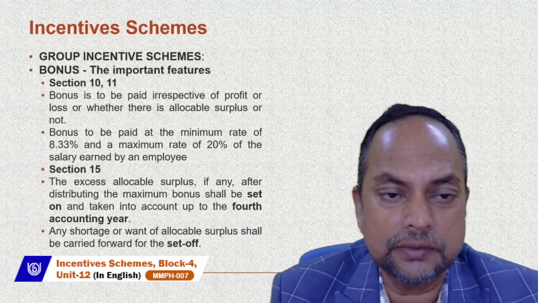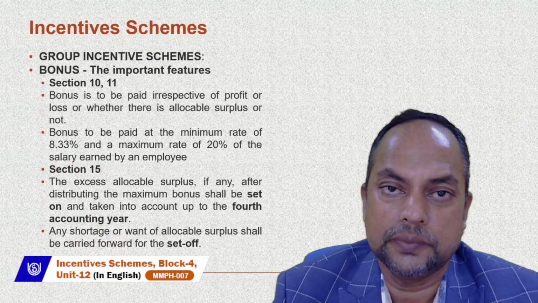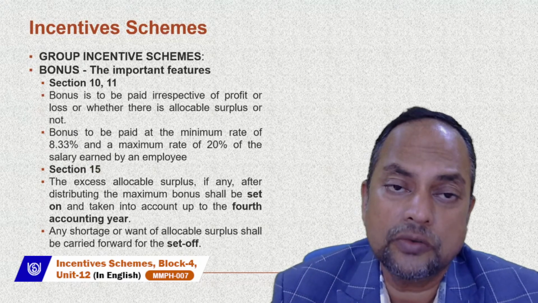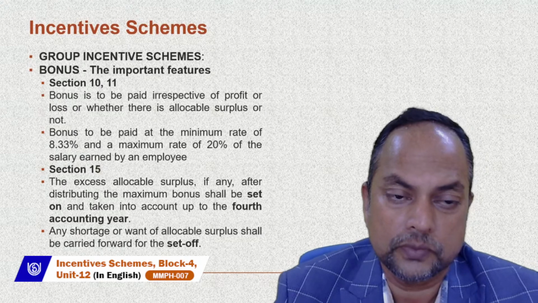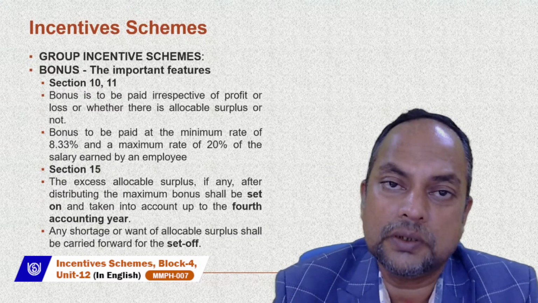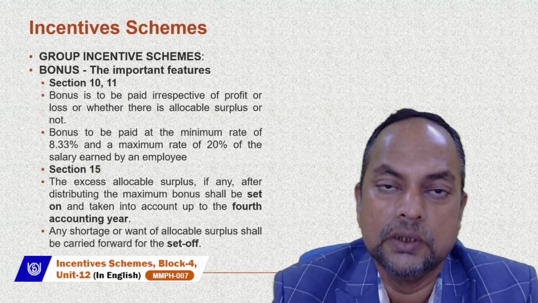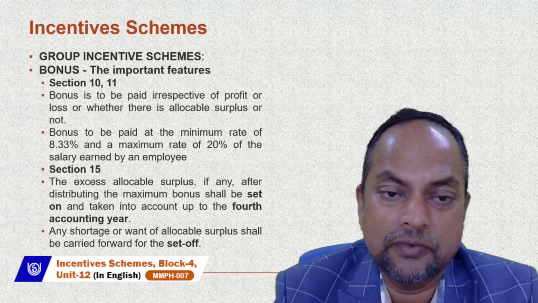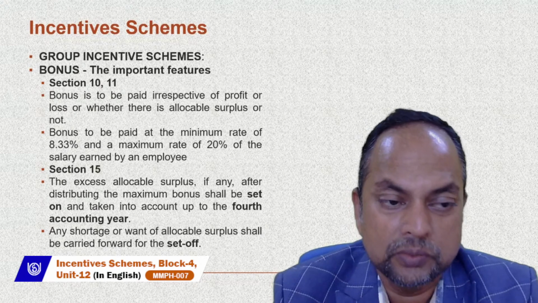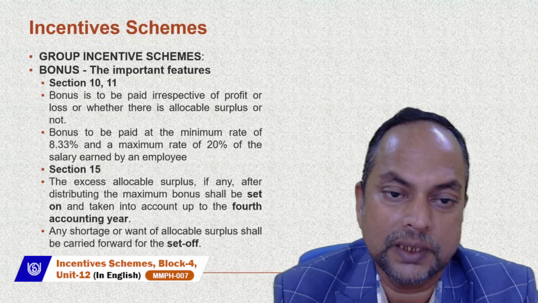Section 11 and 12 deals with the purpose of this bonus. It says that irrespective of profit or loss, irrespective of profit or loss, whether there is allocable surplus or not, each and every employee must get certain bonus for that, right?